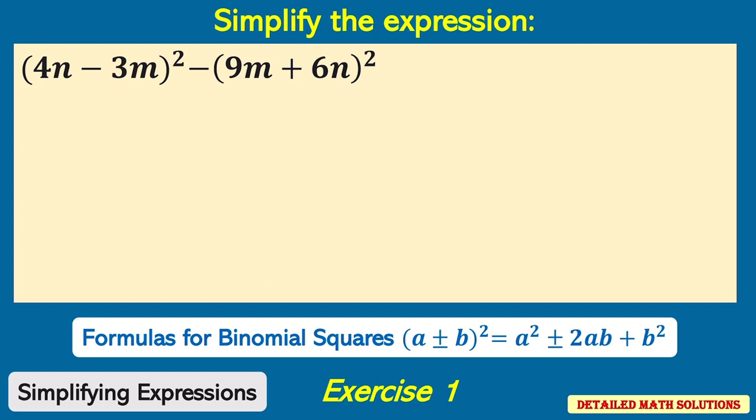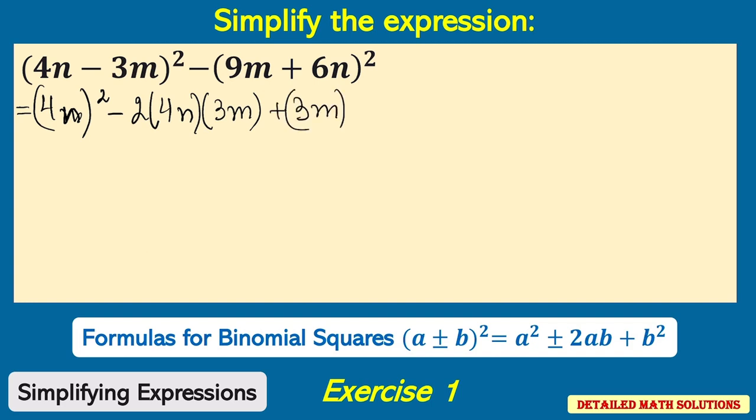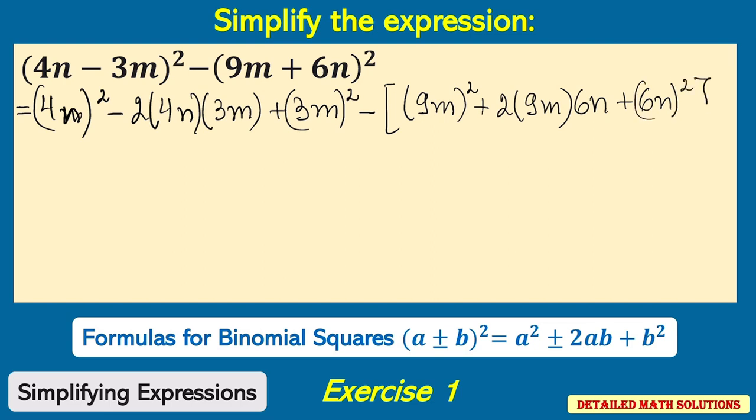Therefore, when I apply the formulas to each binomial square, I get (4n) squared minus 2 times 4n multiplied by 3m plus (3m) squared minus [(9m) squared plus 2 times 9m multiplied by 6n plus (6n) squared].